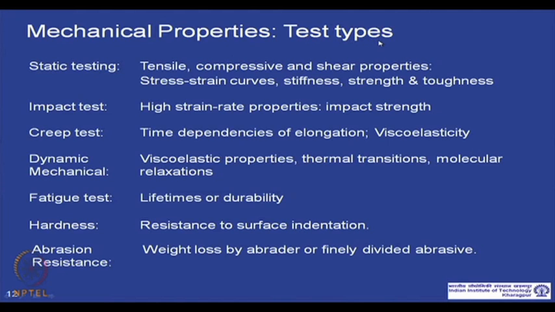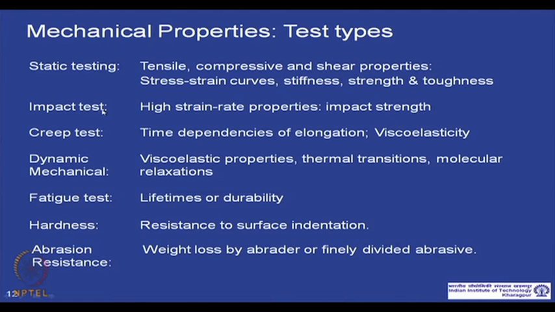When you test mechanical properties, there are different types of tests that can be conducted. Static tests like tensile, compressive and shear, which give stress strain curves, stiffness, strength and toughness of the polymeric material. We have the impact test, which is a high strain rate test done very fast, by applying stress at a fast rate, and it gives the impact strength, the resistance of a plastic material to impact.